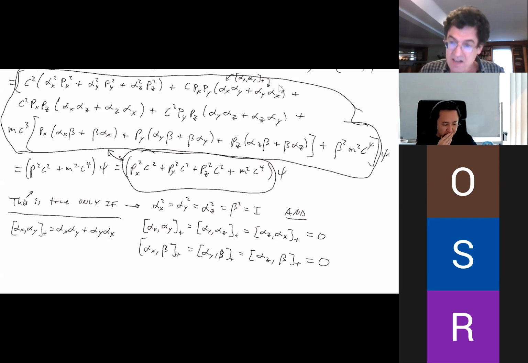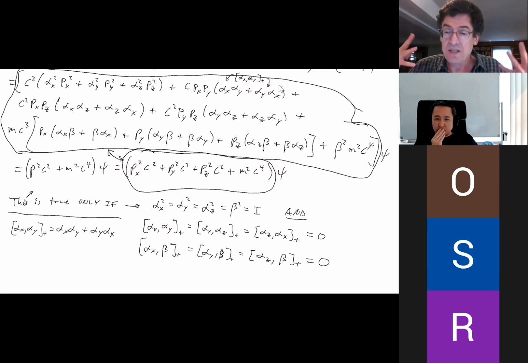In hindsight, it's kind of obvious. You look at those two expressions and ask how they can be equal. The only way is if these things are all true. That was really the genius of Dirac, to notice that.